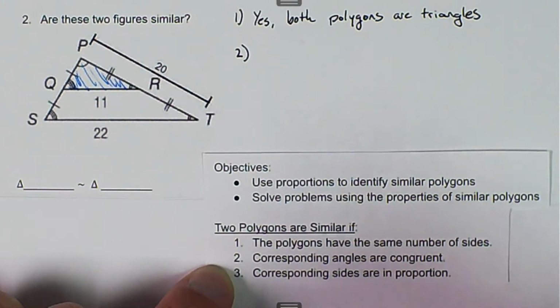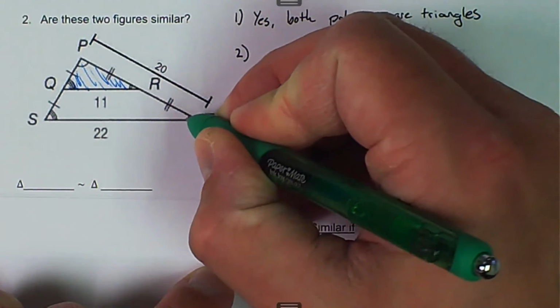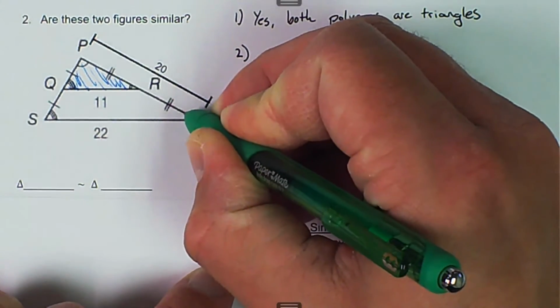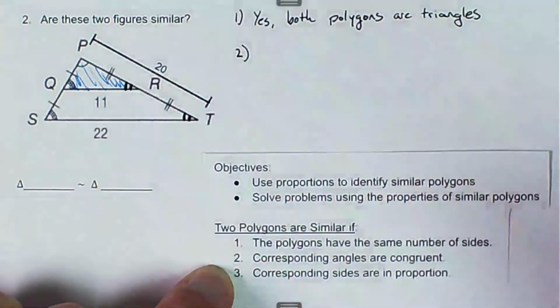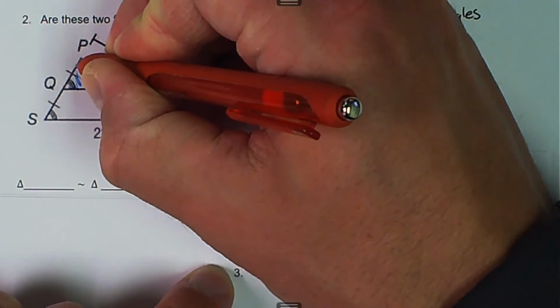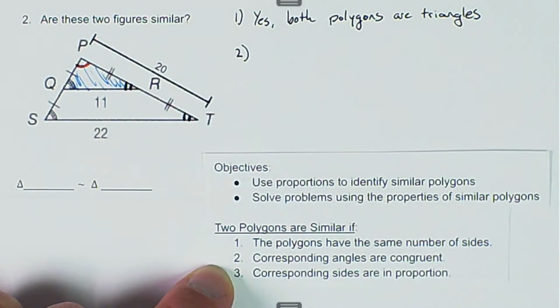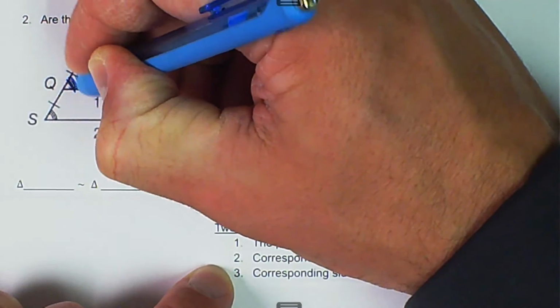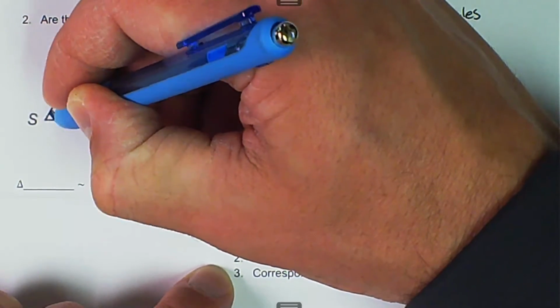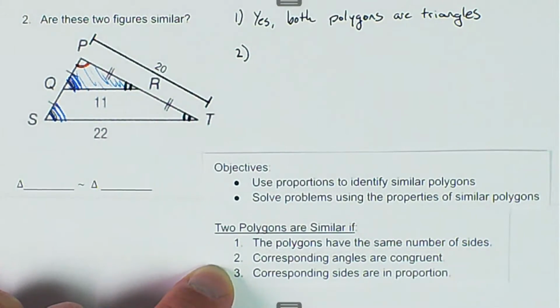And we have 2 marks here at angle T, and we have 2 marks here at angle R. We have 1 mark at angle P, and then we have 3 marks at angle Q and 3 marks at angle S. So we have 3 congruent angles.